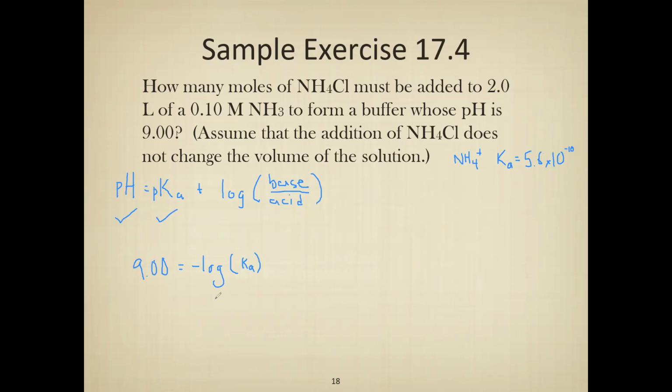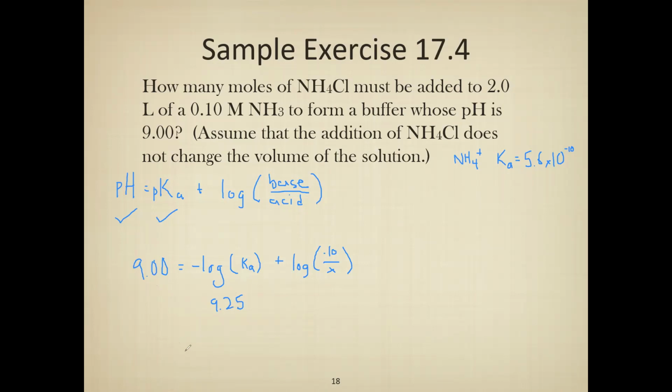So when you plug that in, this term should just be equal to 9.25. But then for the log base, we'll have 0.10 just for the ammonium, or ammonia rather, over X for the ammonium ion, NH4 plus.